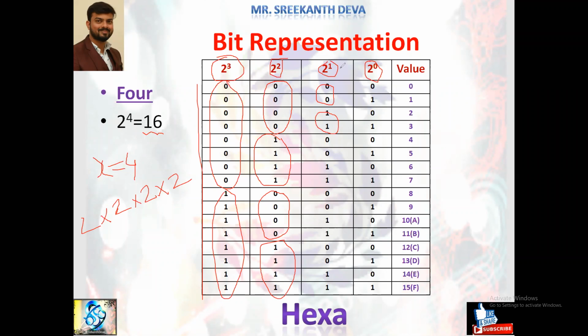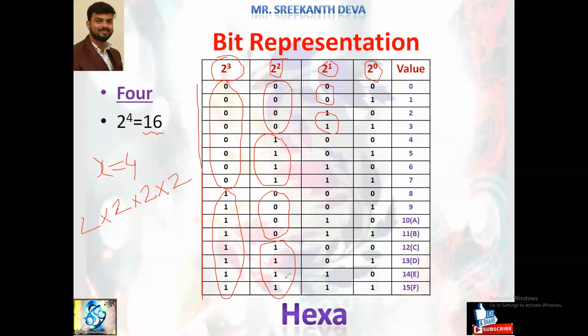See how I am filling here? Very simple. 2 to the power of 3 means 8. I am filling here 8 zeros, 8 ones. That's it. 2 square, how much value? 4. 4 zeros I am filling, 4 ones I am filling.